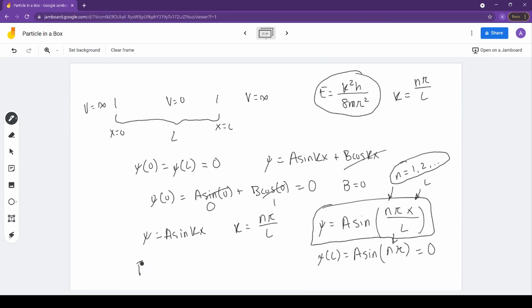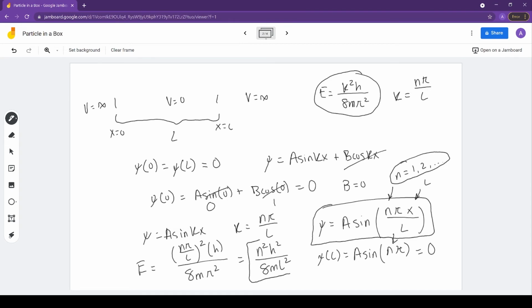Our energy equals k squared h squared over 8m pi squared. If we plug in that k, we get n pi over L squared times h squared over 8m pi squared. And if you simplify this, you'll end up getting that the energy is n squared h squared over 8mL squared.